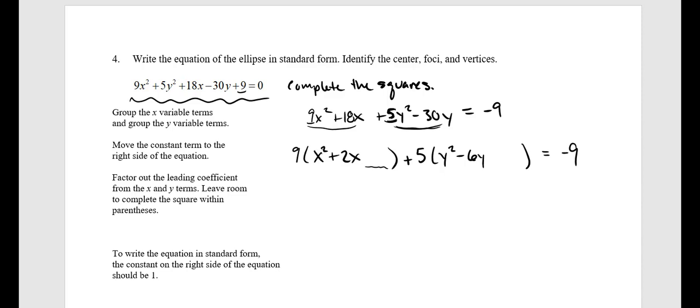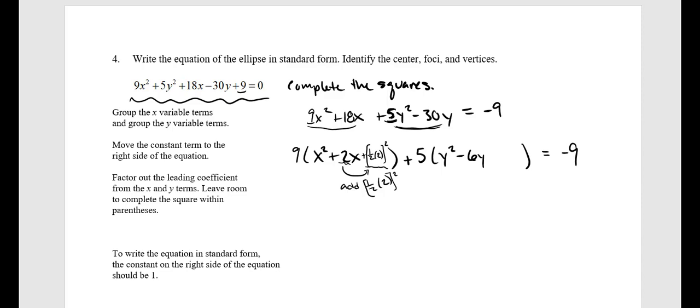And remember, to complete the square, we need to add 1/2 the linear coefficient, so that's the 2 in this case, squared. If we do that, it's going to make this whole trinomial here factor down very nicely. But keep in mind what we've done.